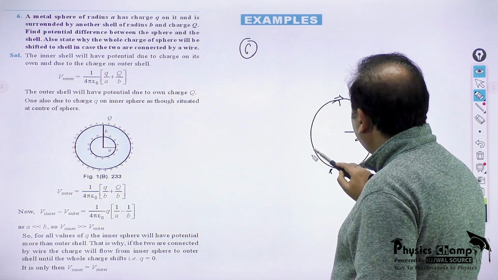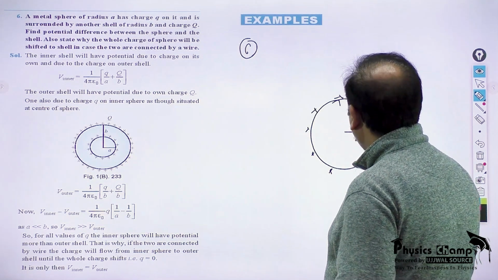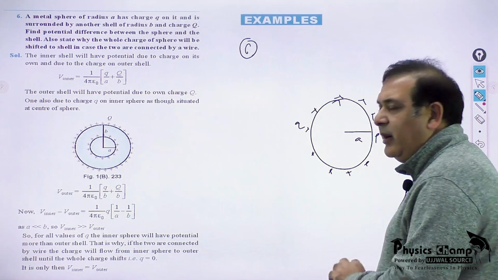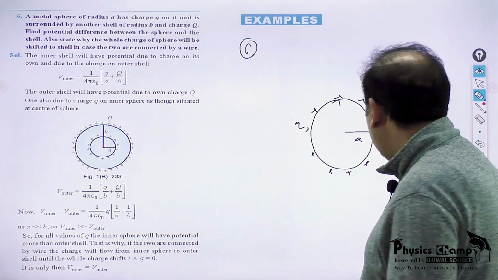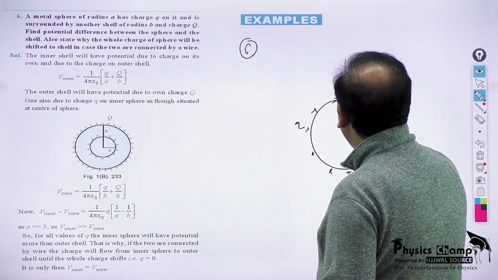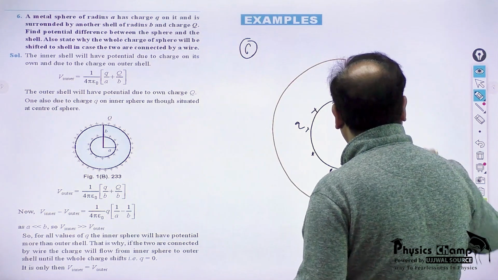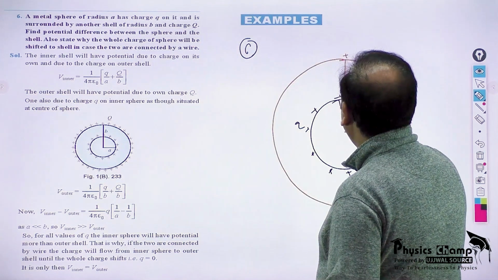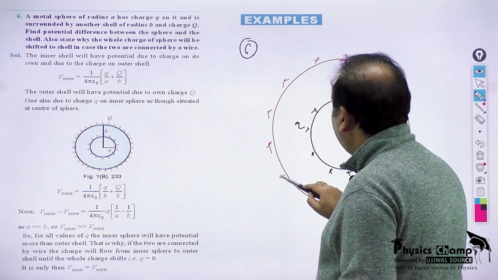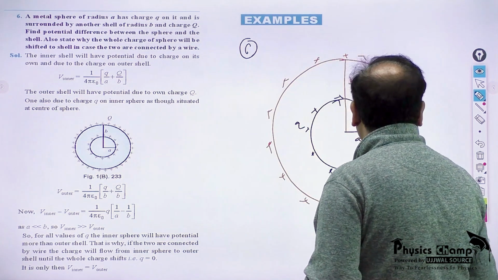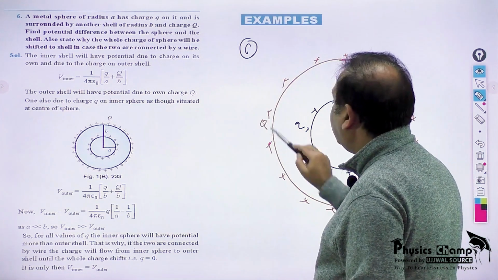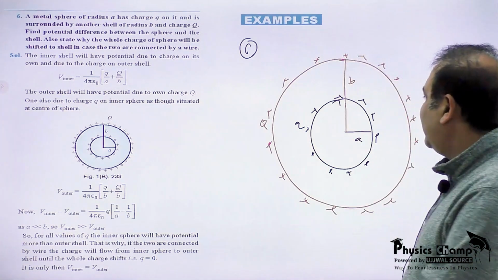So this metal sphere has a total charge q, and it has a radius A. And this is surrounded by another shell of radius B, and it has a charge capital Q on it. It has to be a shell, then only we can accommodate a sphere inside.